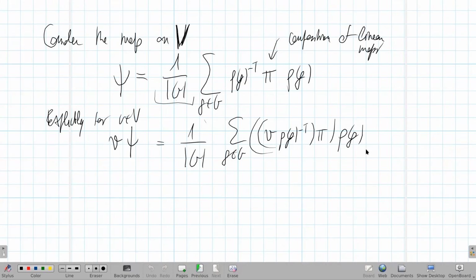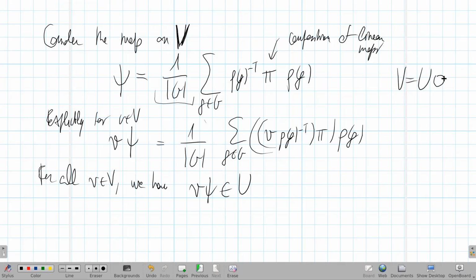The first property is, note that for all v in V, we have that v psi is in U. So remember, I had taken V to be the direct sum of U and X, and remember that pi goes from V to U, sending u plus x to u, okay? So this is our situation.